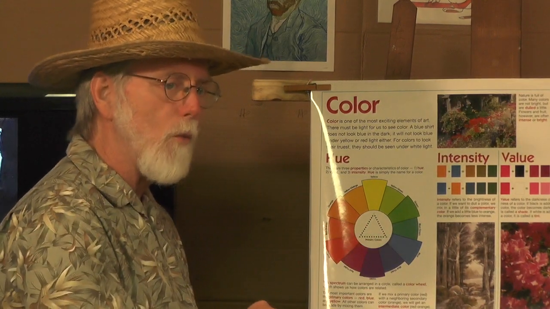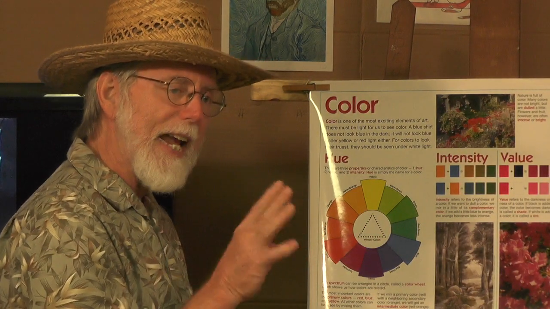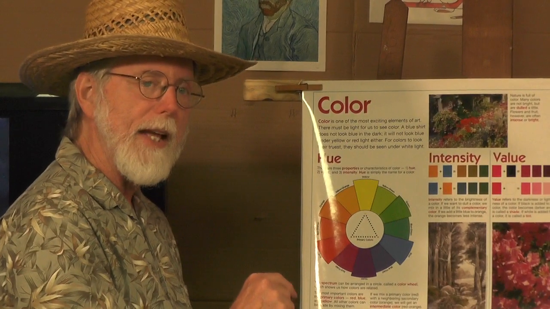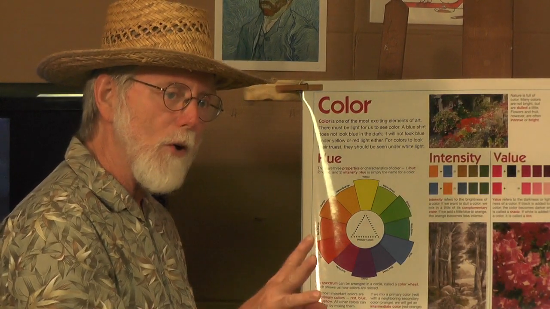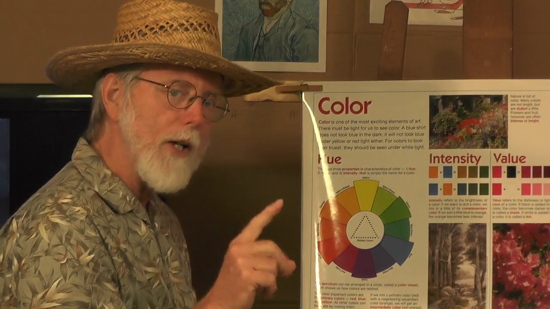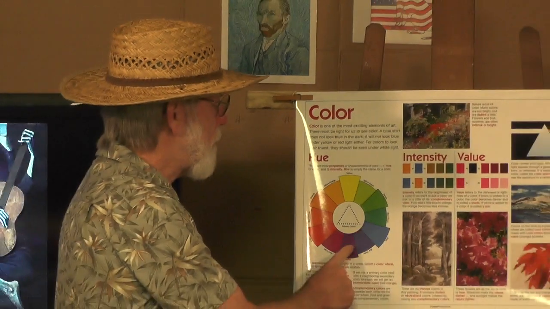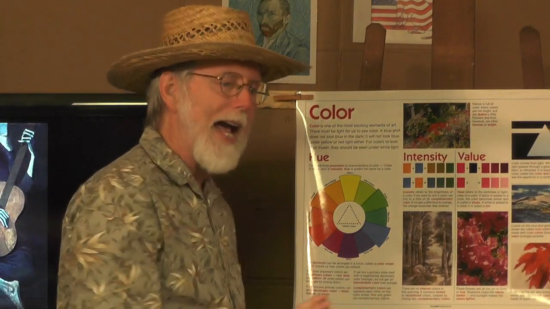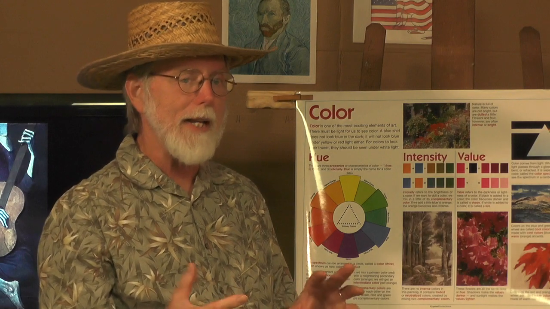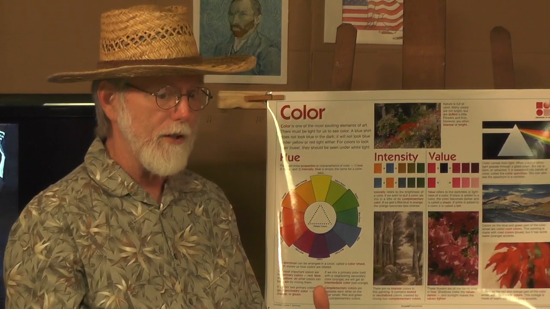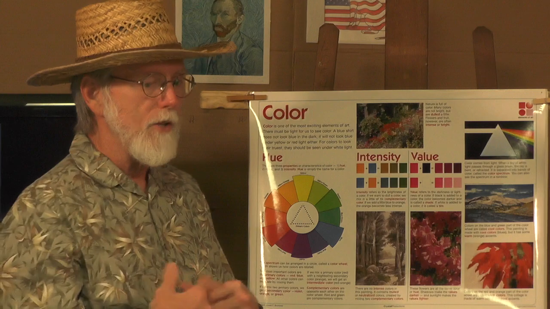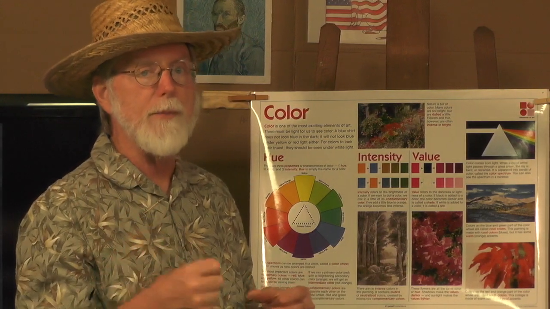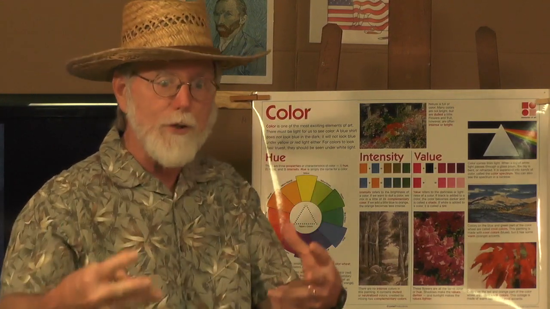It doesn't have to do with warm or cool. It's who is neighbors on your color wheel. And then the last one is monochromatic, meaning mono, one, chromatic, color, meaning you can choose one color and you only add white or black to make that color darker or lighter, like I showed you before. So those are the three color schemes we have talked about.